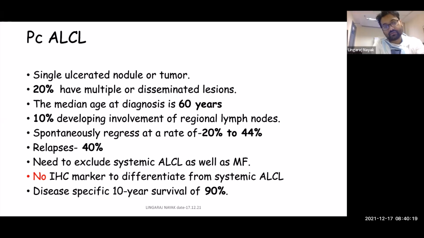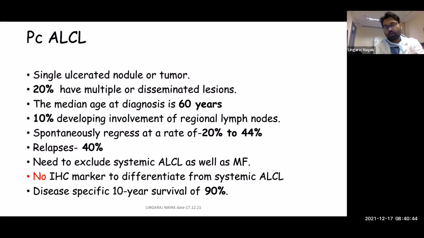involvement of regional lymph nodes. Now, the interesting thing is primary cutaneous ALCL also has a tendency for spontaneous regression, and that can be seen in 20 to 40% of patients as well. Whatever the modality of treatment, the modality is mostly skin-limited treatment, and we'll discuss that. But whatever modality we use for treatment, relapses are seen in almost 40% of patients.